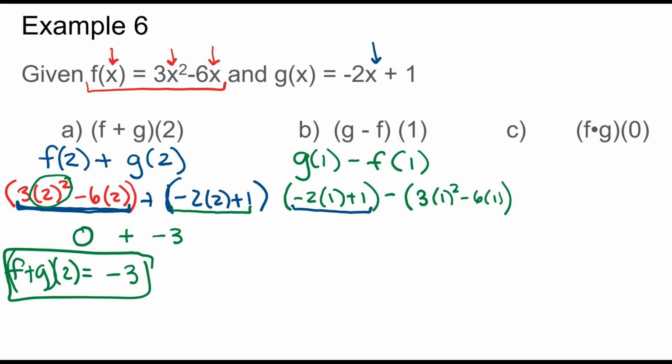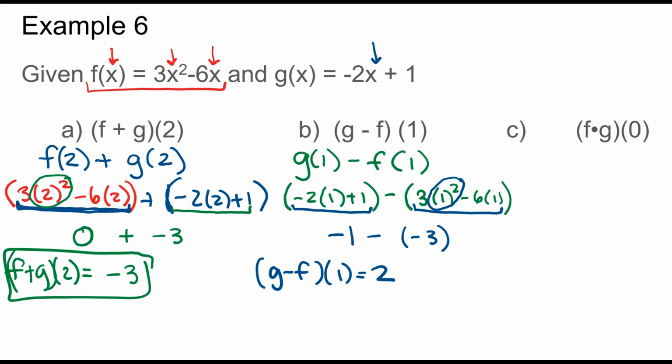Maybe you type it in your calculator, maybe you do it in your head, and you get -1 minus, do this entire thing. Again, remember exponent before multiplication, and you get -3. When you type that in your calculator, or maybe you do it in your head, you get 2. g minus f of 1 is equal to 2.